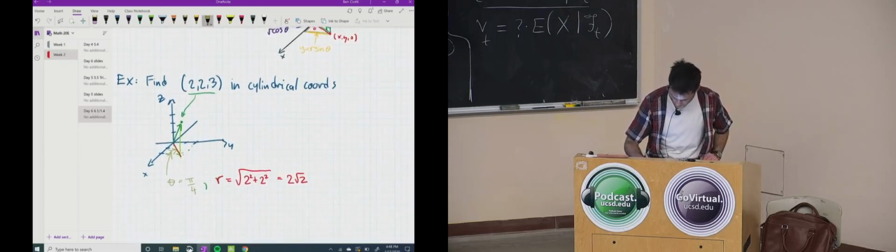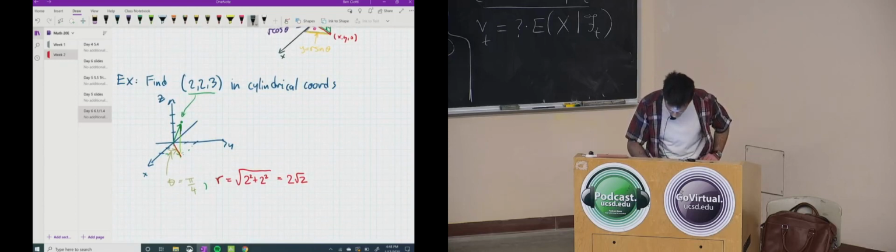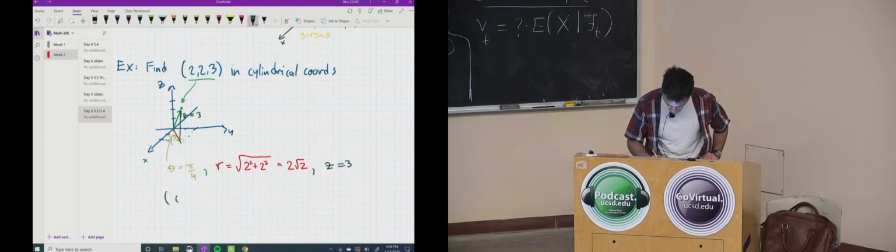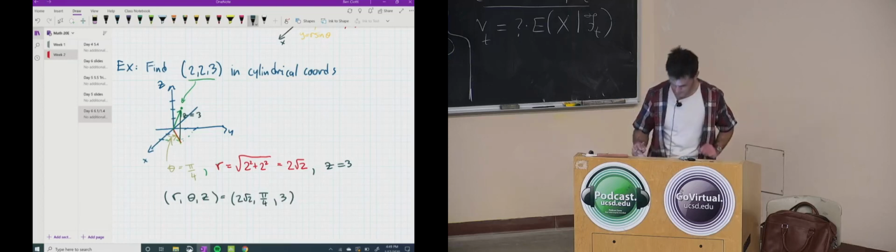And z is just z, which is 3, right? So the coordinates r, theta, z are 2 root 2, pi over 4, 3.